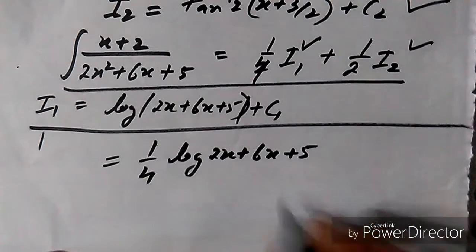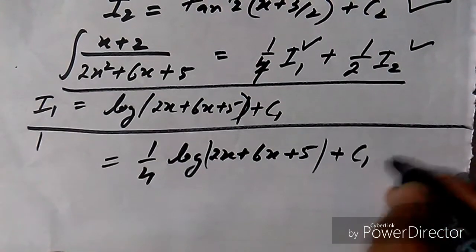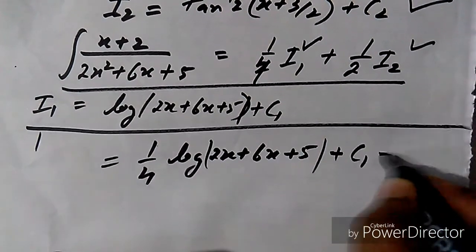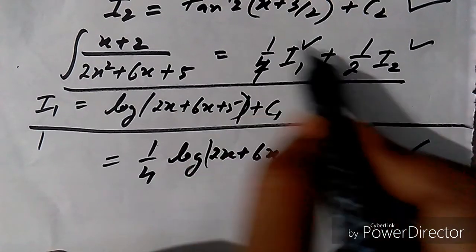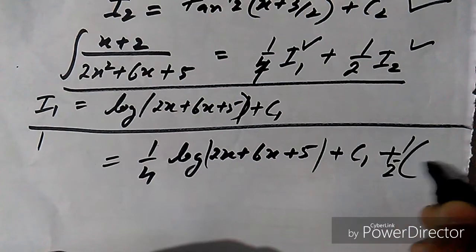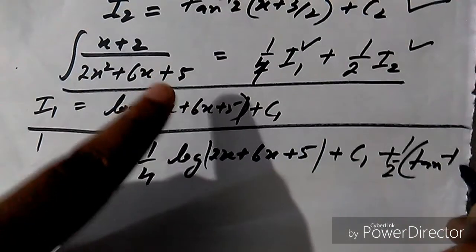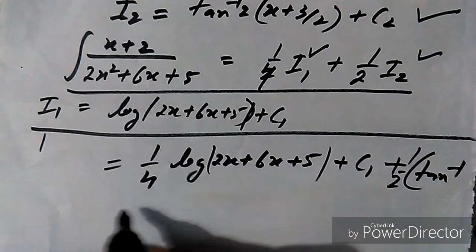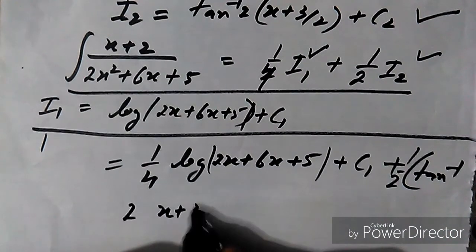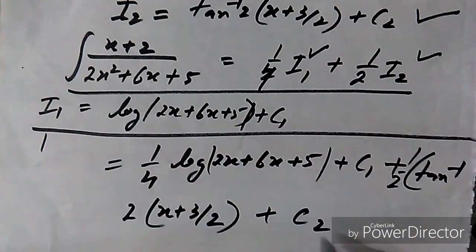Okay friends, that is plus c1, and after it the I2 part, that is 1 by 2, I2 is tangent inverse 2 times (x plus 3 by 2) plus c2.